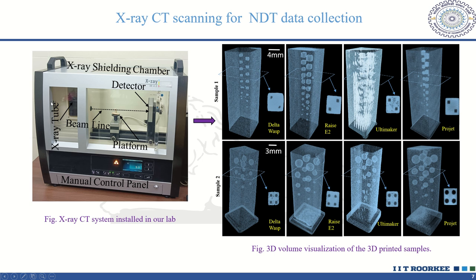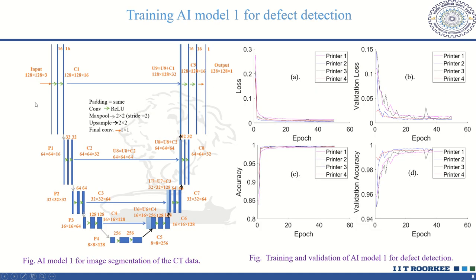And then all these 3D printed samples are CT scanned using the X-ray CT system installed in our lab for the NDT data collection. The 3D volumetric data of different samples printed from different printers is as shown in the figure. And then this NDT data obtained from scanning the samples is used to train AI model 1, which is a U-Net model containing 23 layers.